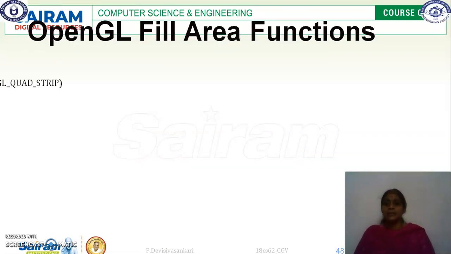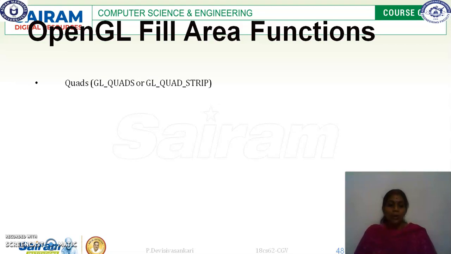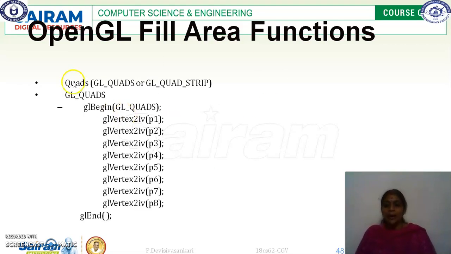And next examples are quadrilateral functions, right? So here, how we can define a quad is by using GL underscore quads or GL underscore quad strip. So GL quads means we need 4 different points. So 1, 2, 3, 4, P1, P2, P3 and P4.